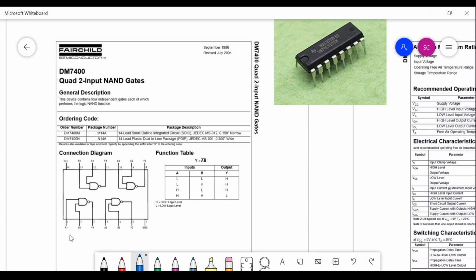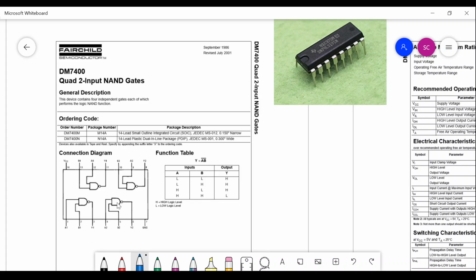Now suppose you need to use NAND gates in a particular digital circuit, then you can connect this NAND gate. So in that particular circuit, if you need to connect 2 terminals to a NAND gate input, you take those 2 terminals and connect to pin 1 and 2, and take the output from the NAND gate and again connect it back to some place of the circuit where you need the output to go.